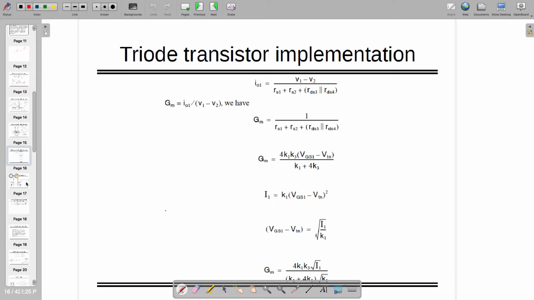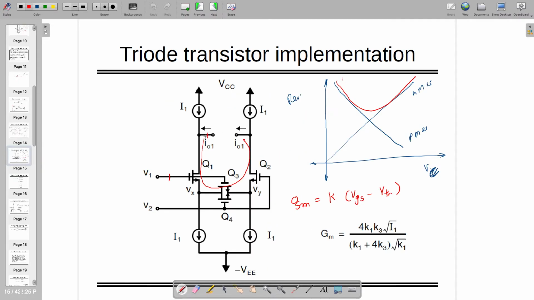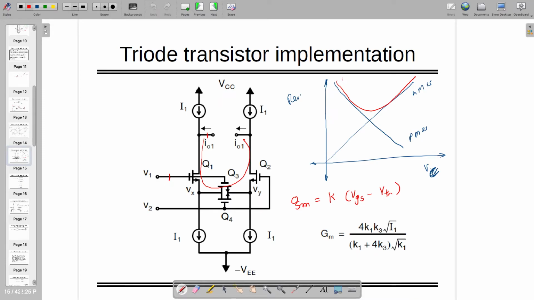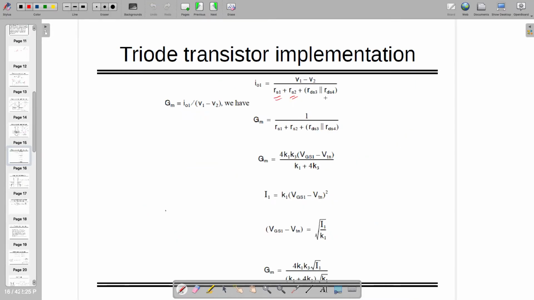So what is happening? IO1 is equal to, in this case, RS1 and RS2, which were coming from these two transistors, and because of these transistors, you are going to see RDS3 in parallel with RDS4.